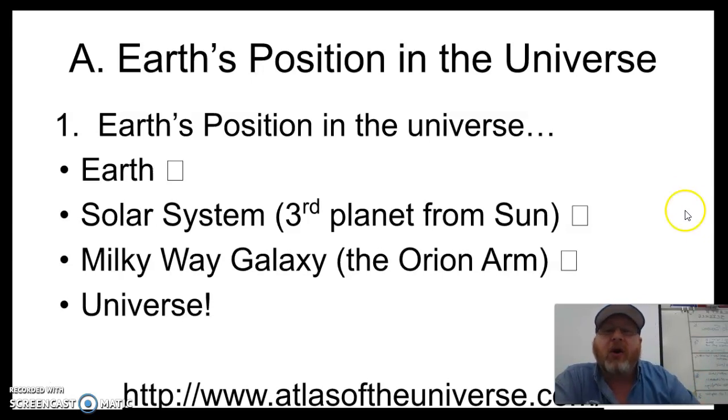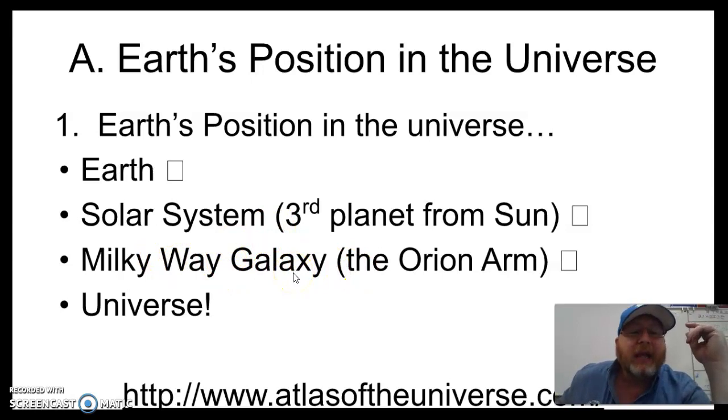And we are in a group of stars, about 2 trillion stars or so, that we call a galaxy. The name of our galaxy is the Milky Way galaxy. And we're in a particular type of galaxy called a spiral galaxy. I'll show you pictures of that here in just a second.